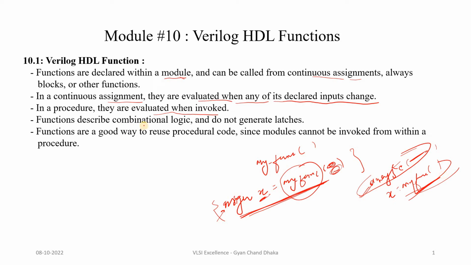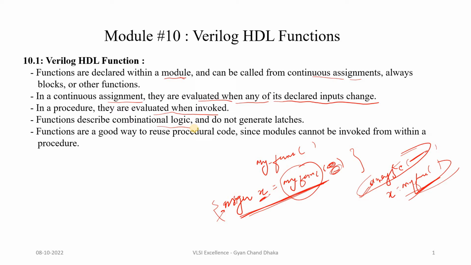And functions describe combinational logic. So by using the functions in Verilog HDL, we can implement combinational logic, and combinational logic implemented using functions does not generate any kind of latches. That means in normal Verilog HDL, if we have if else kind of statements and if we miss the else statement, then it will generate latches.